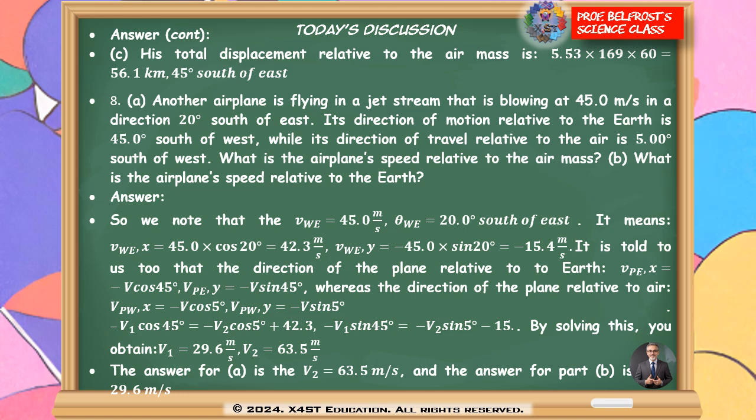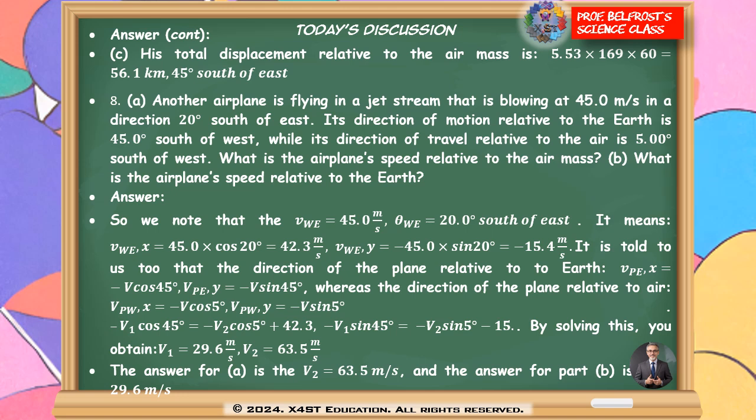After we have analyzed the information, you can create these two equations, and actually this is just the summation of two vectors that will create another vector, right? So the resultant vector is created by two other vectors. And by solving this equation, you get that V1 is 29.6 meters per second and V2 is 33.5 meters per second.